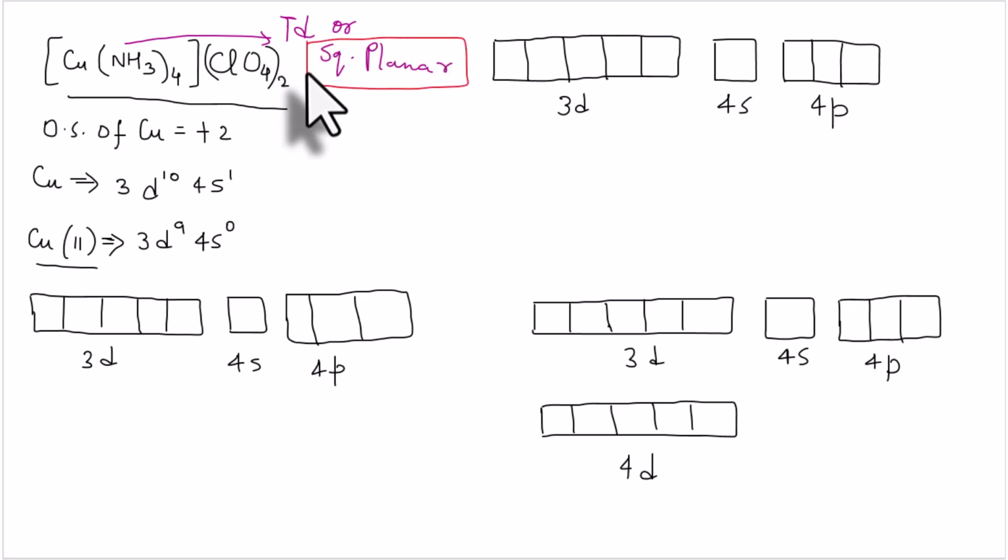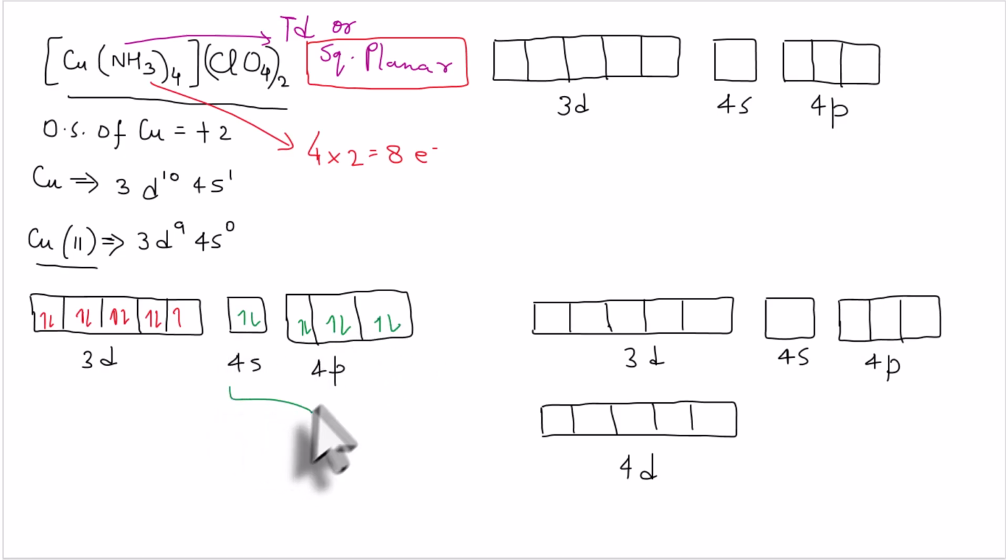Initially, what is obvious, all the 9 electrons in the 3d orbitals are arranged like this, and then we are left with how many ligand electrons? 4 into 2, 8 electrons from the ligand. So it was very easy to conclude that we can accommodate the ligand electrons in the 4s and 4p orbitals like this, and very easily we can get what kind of hybridization?